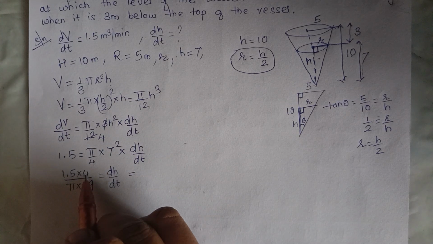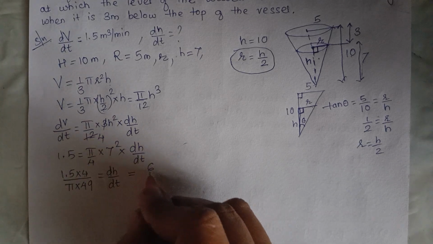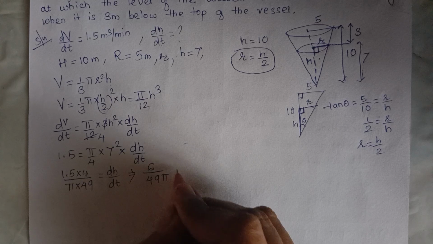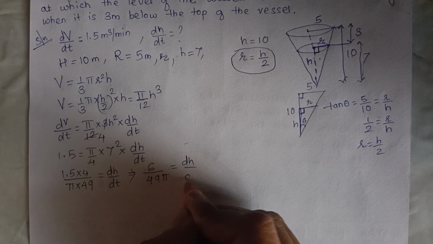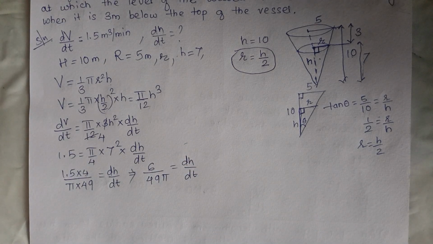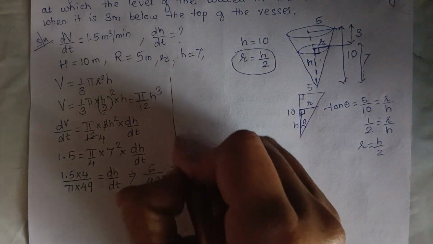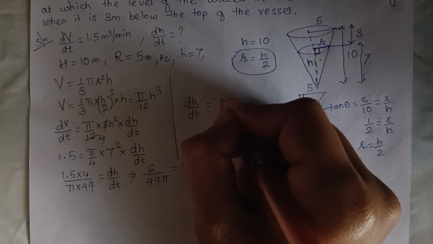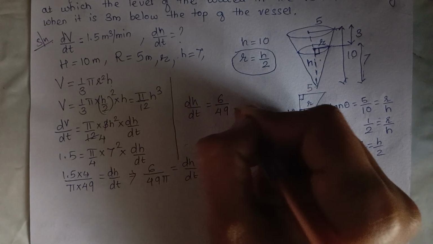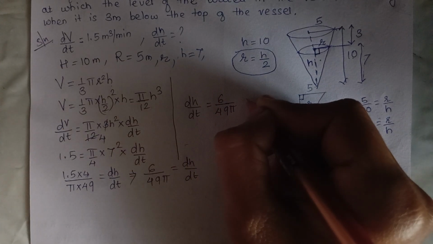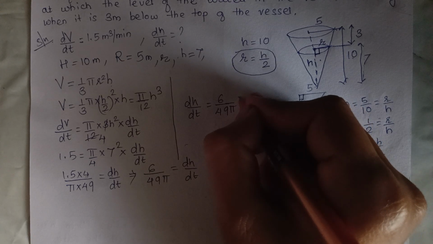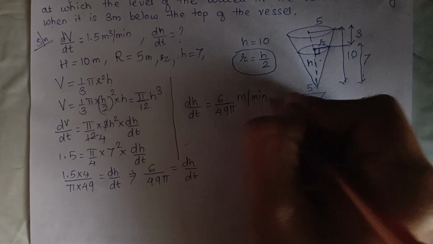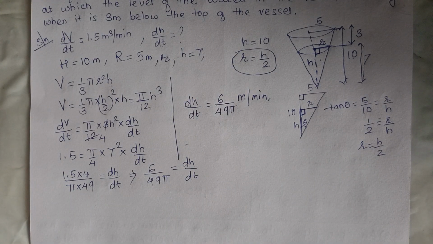So this is 0.6 by 49 pi, dh/dt. So we got the change in height, that is height, in meter per minute.